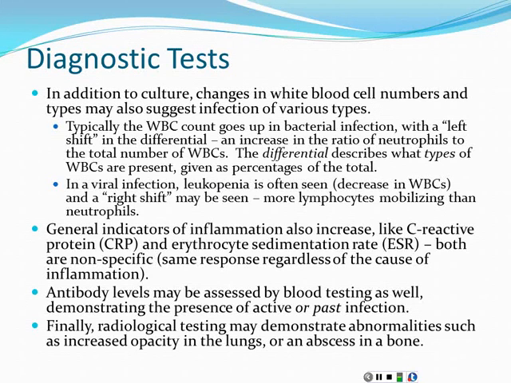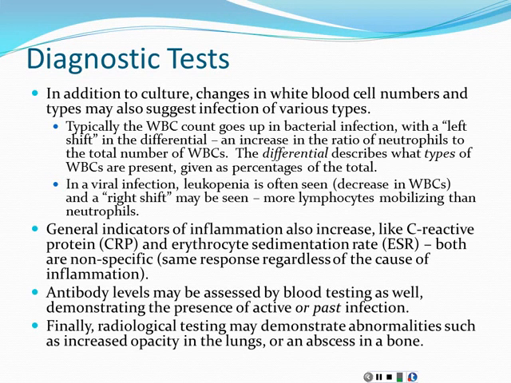What that would tell us is that most of these white blood cells are neutrophils. And if this percentage is too high, that suggests that a bacterial infection is present because it's neutrophils that respond to bacteria. So we would call that, for example, a left shift.